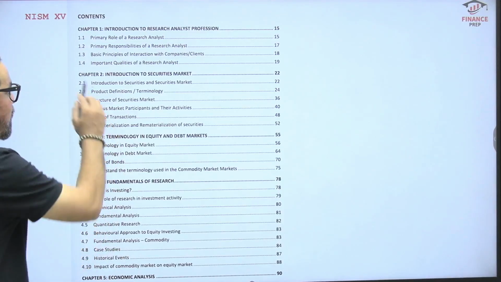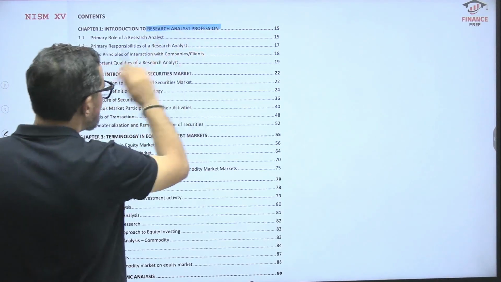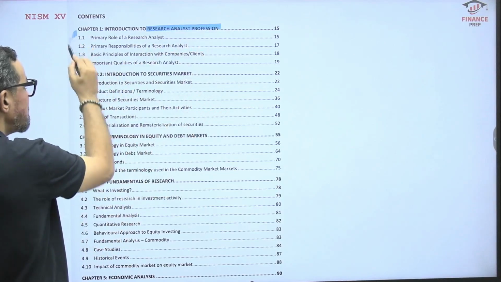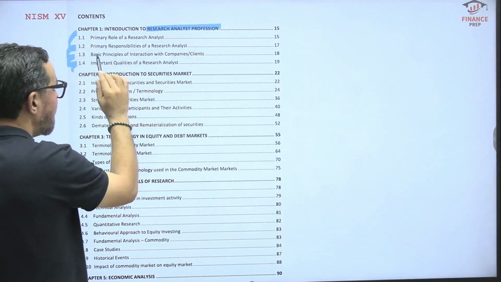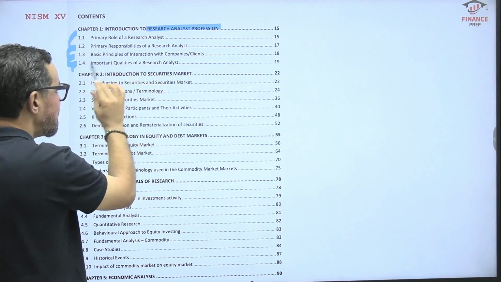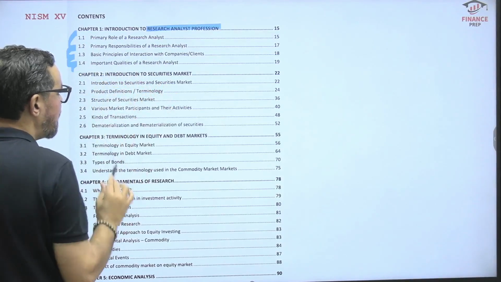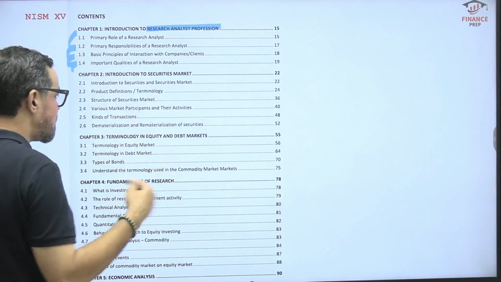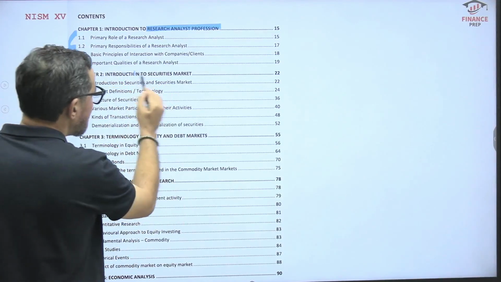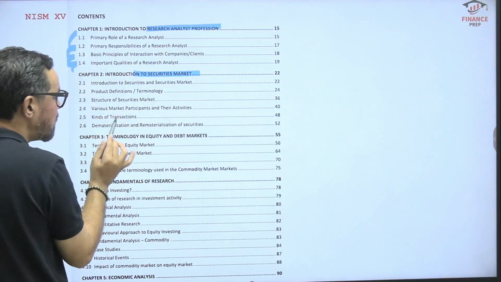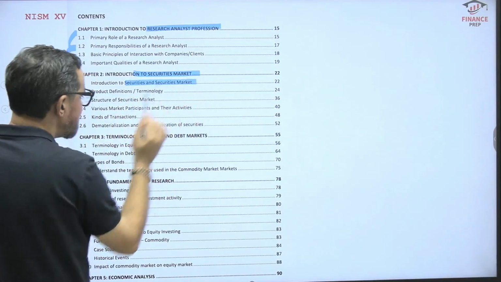So we have the introduction to research analyst. This is all about the basic requirements, like role, responsibilities, basic principles, and qualities of a research analyst. Then we have securities market. It includes the capital market basically, right?